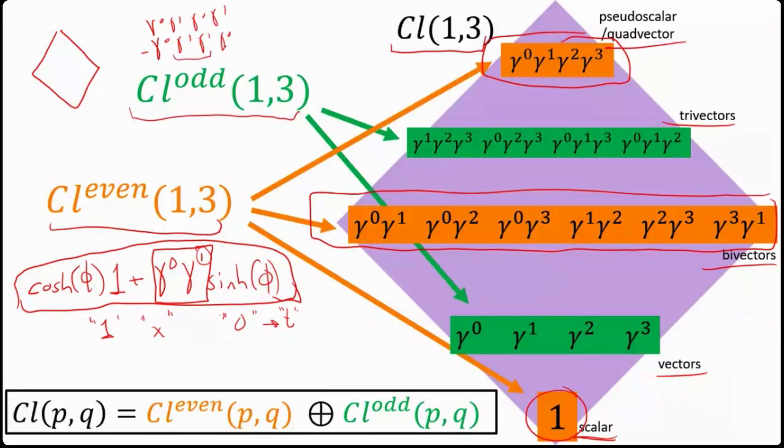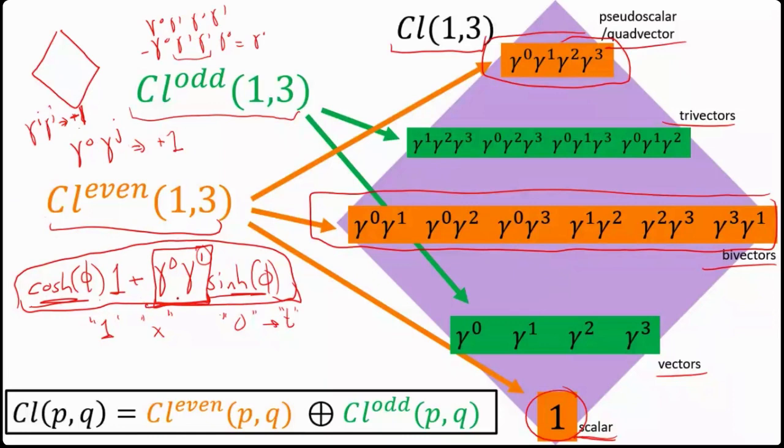And then these go to -1. It'll square to 1, I think. Yeah, so when you have time and space, that squares to +1.